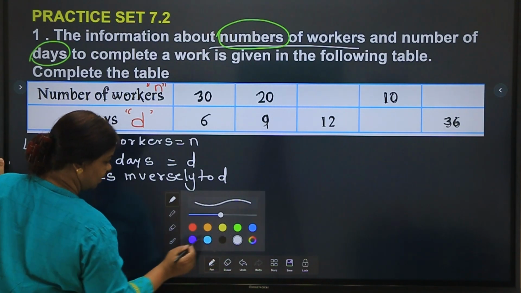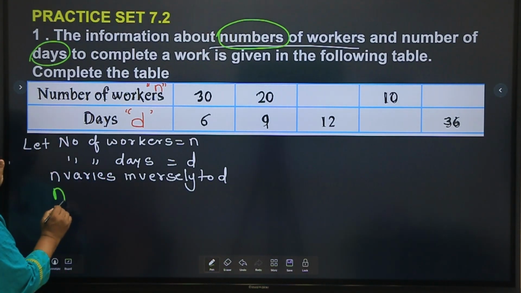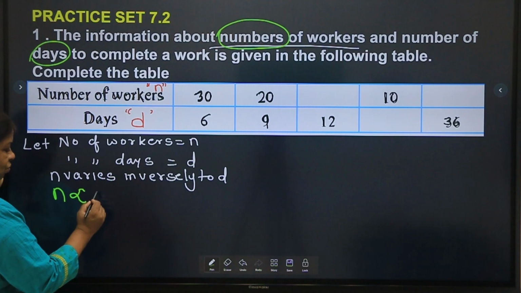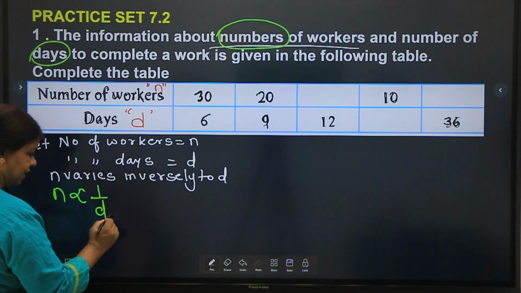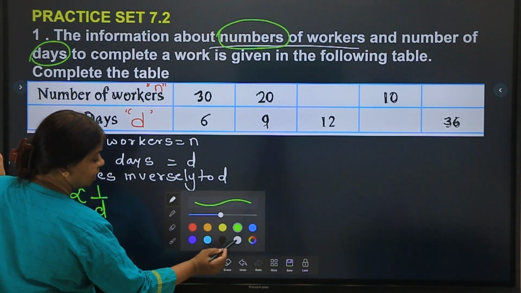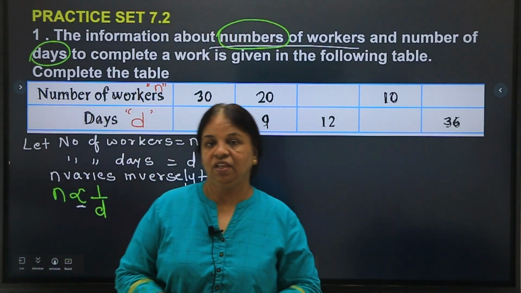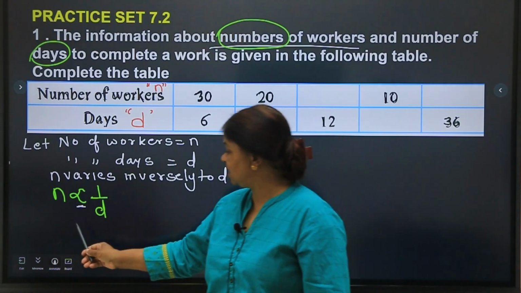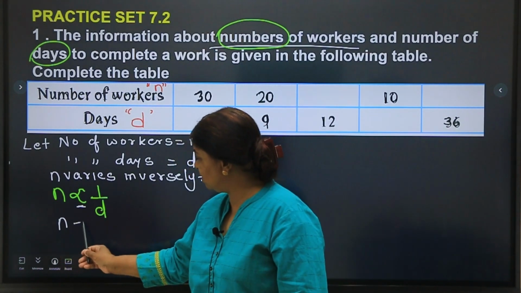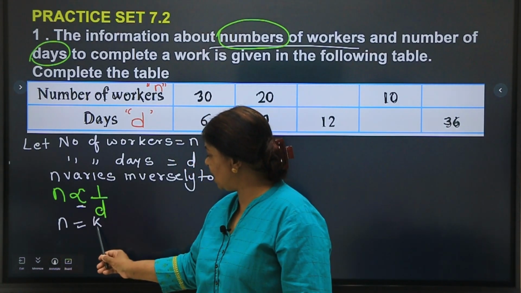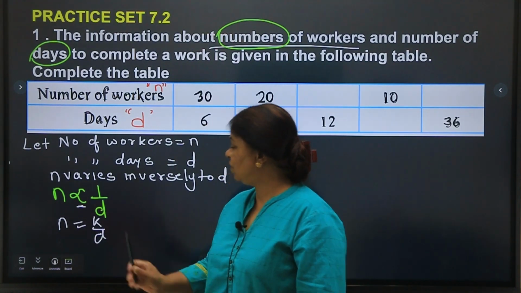So we can say here n varies as 1 upon d. Now we will remove the variation sign and introduce the equal sign. So what will come here? K upon d. And what is K?